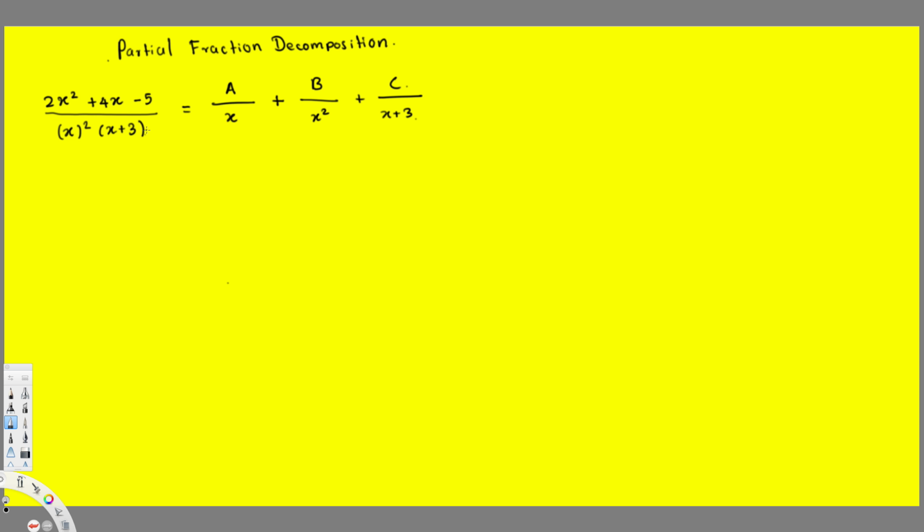Let's figure out how we can find them. The first thing we try to do is eliminate the denominator. To eliminate this, I can multiply this whole thing on both sides. I'm multiplying by x squared times x plus 3 on this side, and the other side also the same thing, x squared times x plus 3.